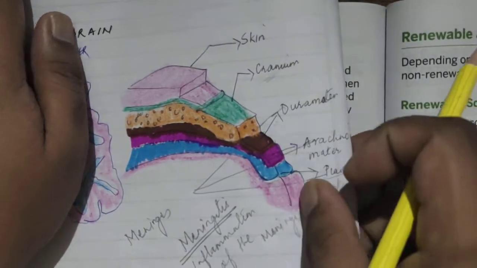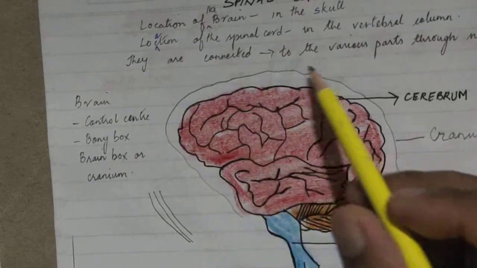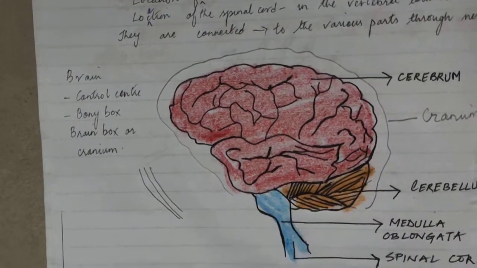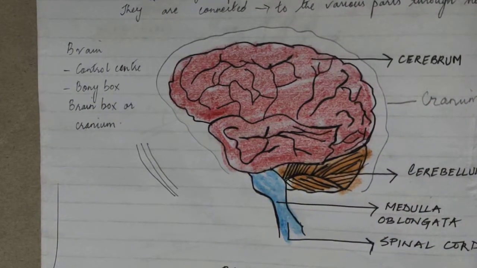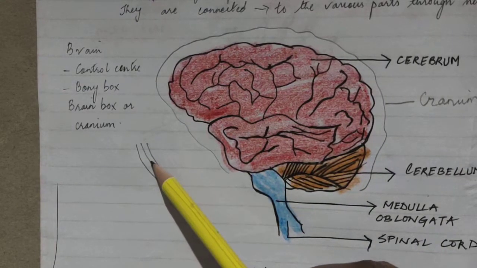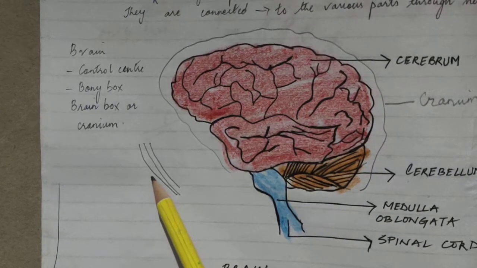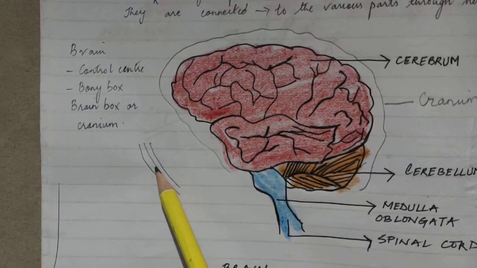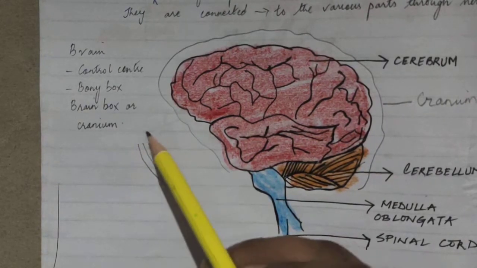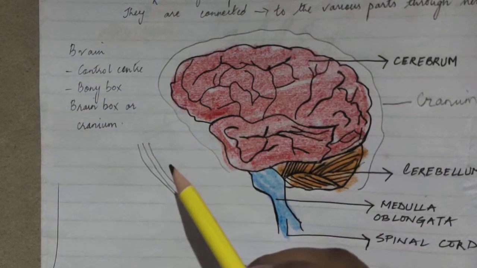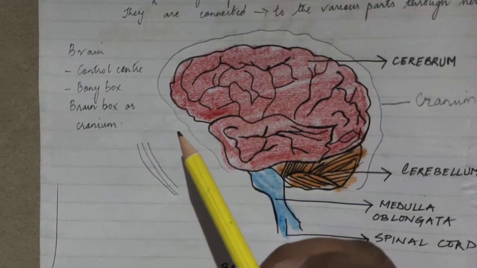Once again, the outer covering that we have is the cranium, and inside it you have three layers, together termed the meninges: dura mater (outer), arachnoid, and pia mater. In between the layers there is an important cerebrospinal fluid that protects the brain from shock and injury.